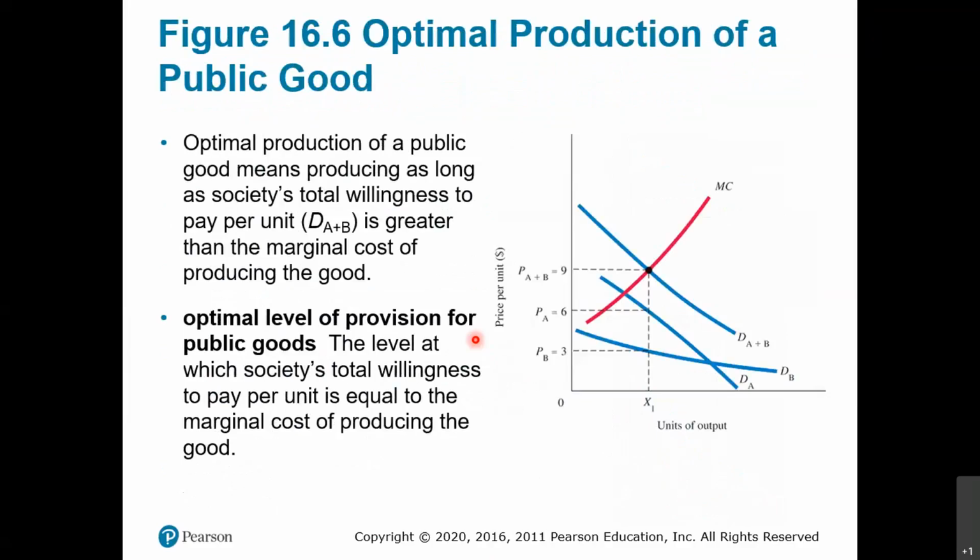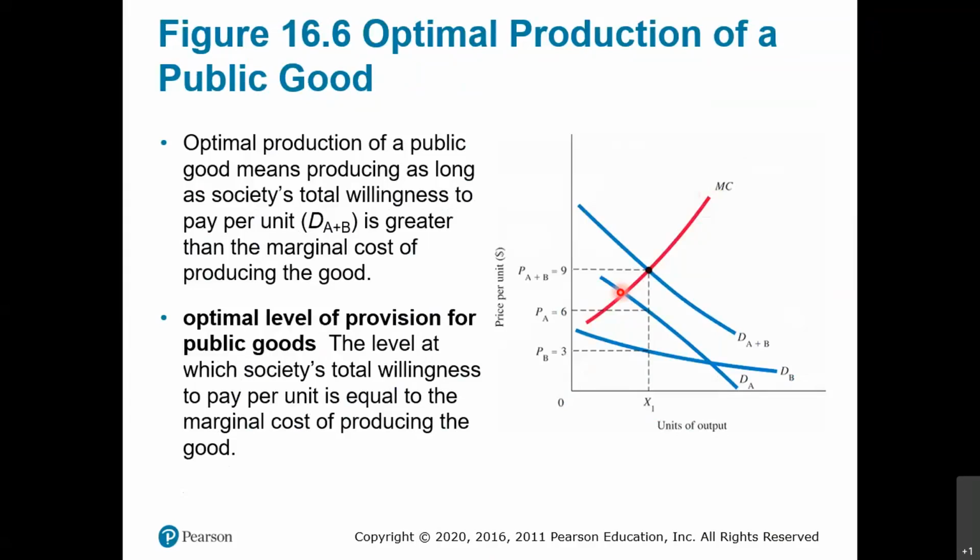The problem is we almost never get there. Notice on this graph, here's the marginal cost curve. Society should produce units X1, but this will only get to the point where it crosses A, and A is going to pay for it. So think of this like the fireworks show in Kaiser for the volcanoes.